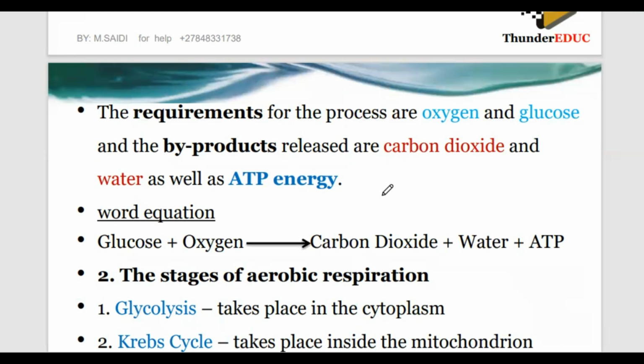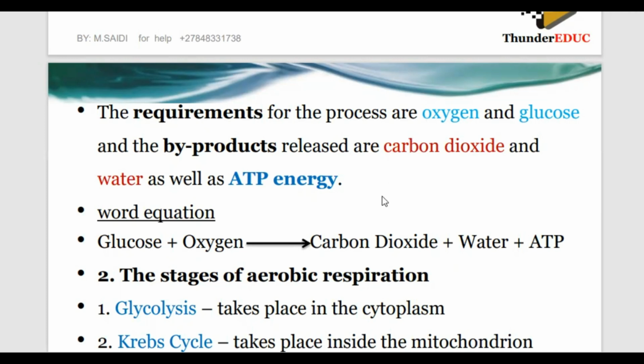Respiration is the reverse of photosynthesis, and photosynthesis is the reverse of respiration. So the products of photosynthesis are the raw material for respiration, and the products of respiration are the raw material for photosynthesis.